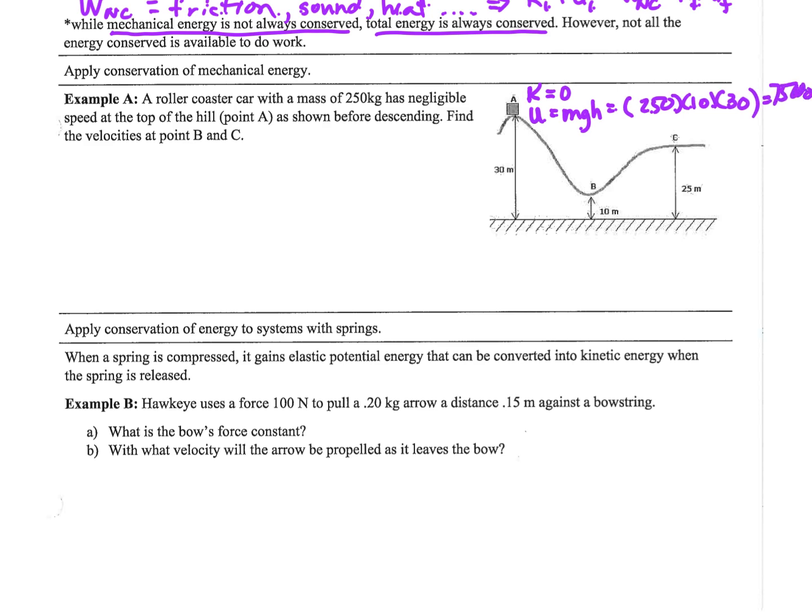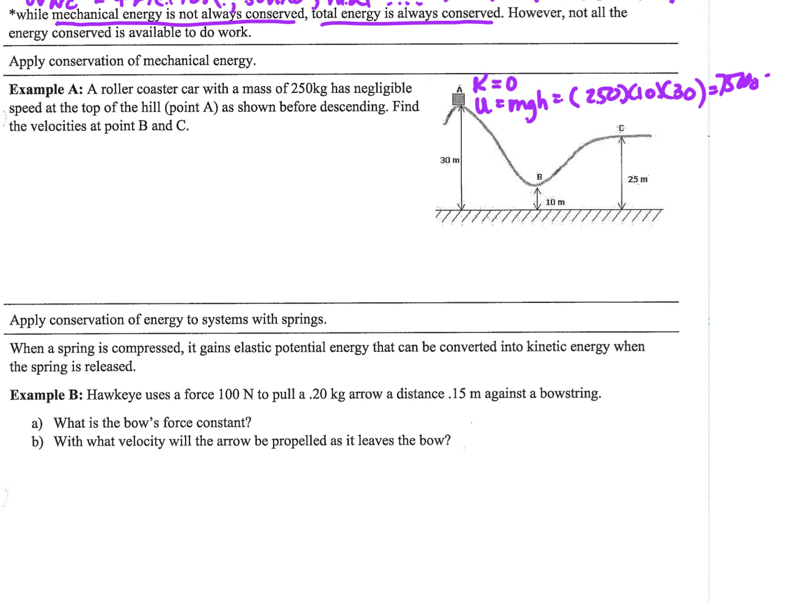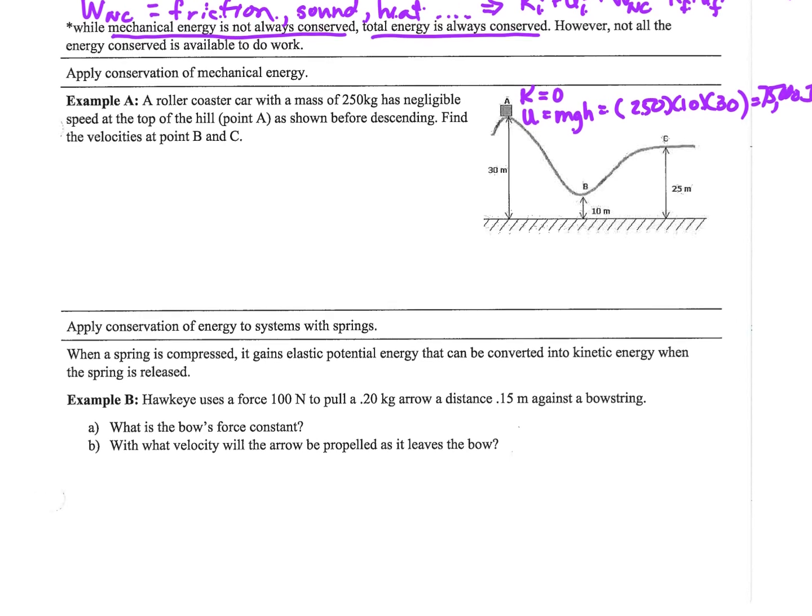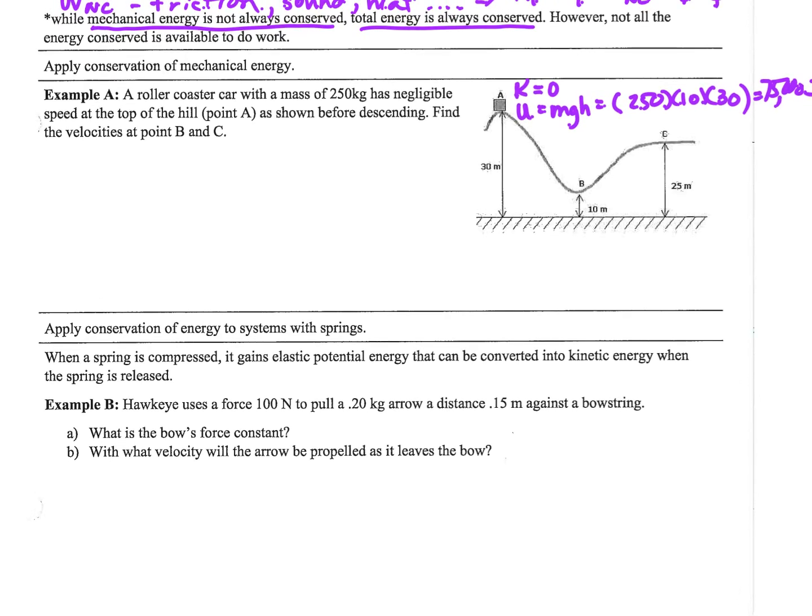Okay. So that should be without friction. And it says negligible friction. So it doesn't say it has friction, so we're going to assume this is a frictionless thing. Okay, so find the velocity at point B and point C.